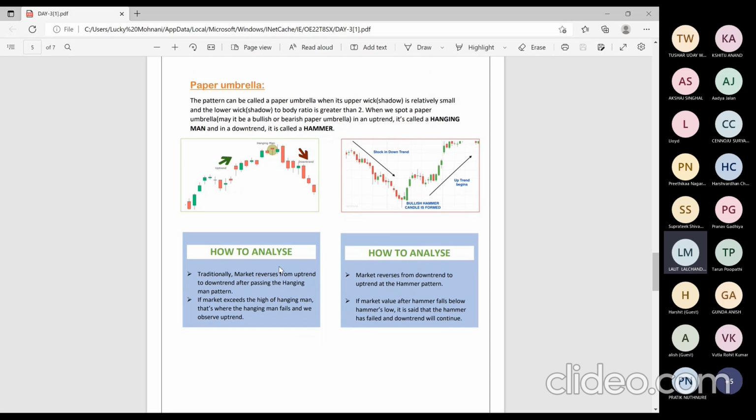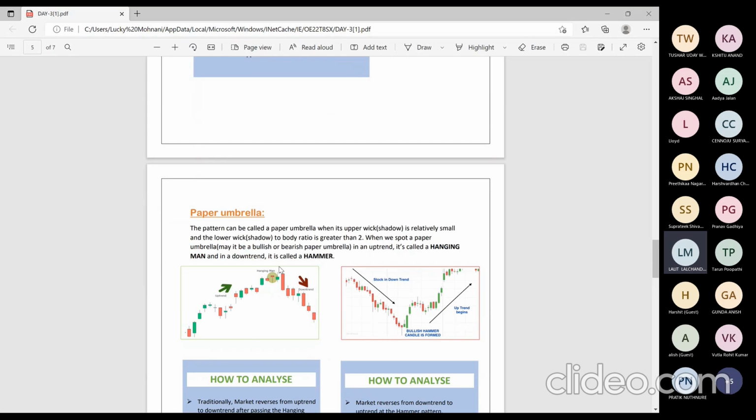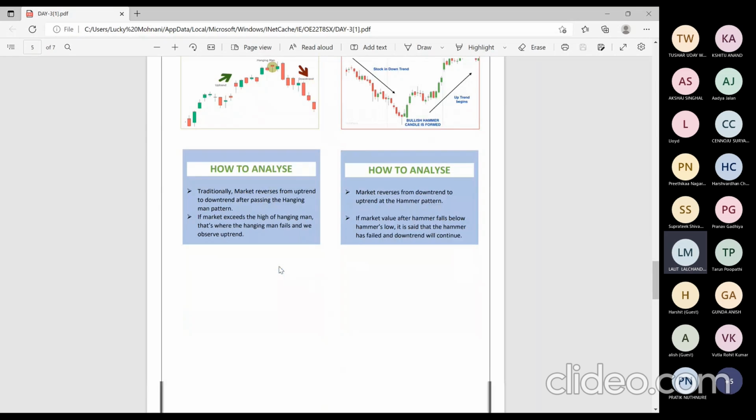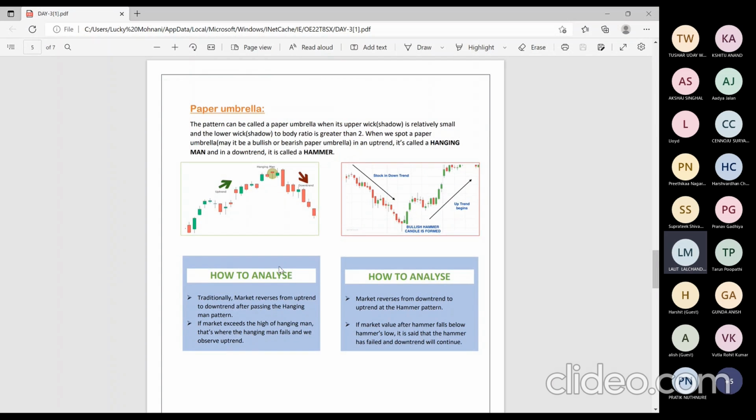When the paper umbrella pattern occurs in an uptrend, it is known as the hanging man, and when it occurs in a downtrend, it is known as the hammer. These patterns generally occur when there is a trend reversal. It is different from the Marubozu because Marubozu supports the trend, whereas the paper umbrella and the rest we'll study occur when there is a reversal in the trend of the market.